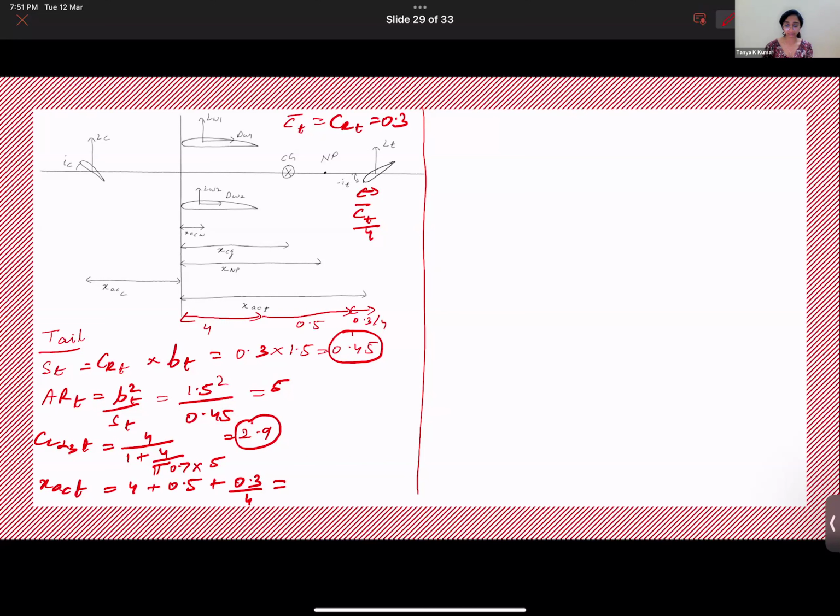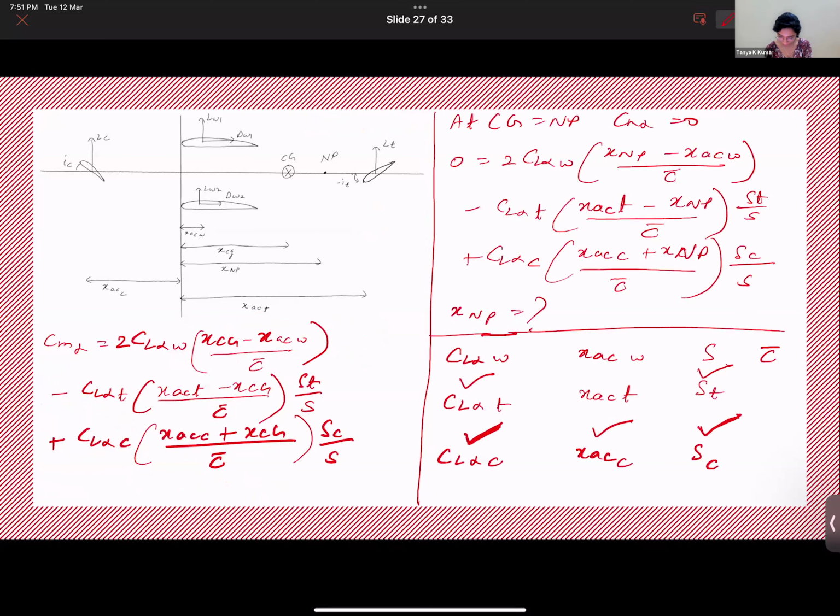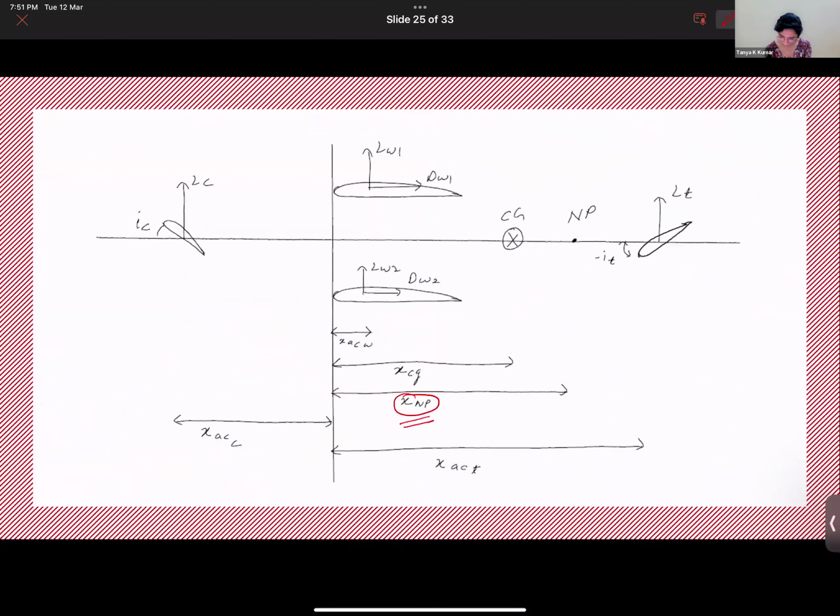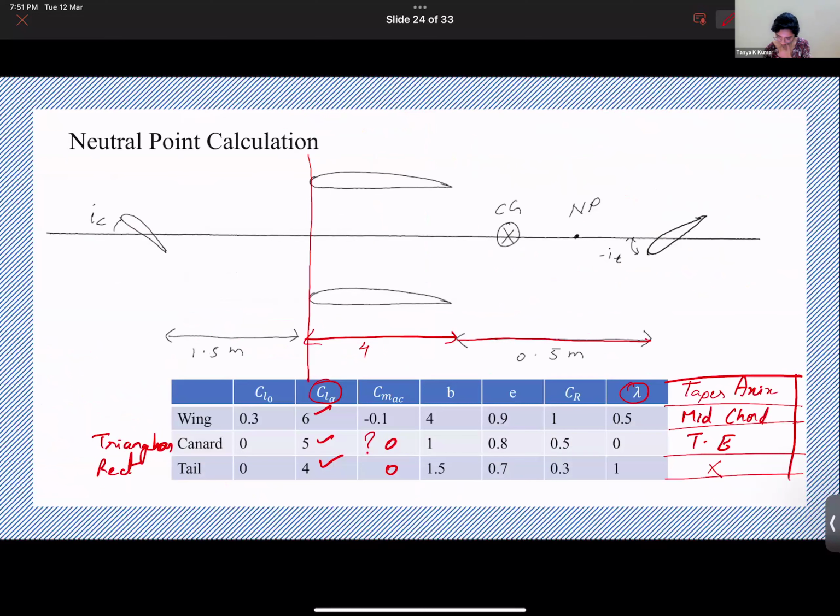XAC tail. The 4 and the 0.5 are given to you in the question. Oh, it's the mean aerodynamic chord of the wing. We can't take the span. Okay, that's my bad. That is not 4.